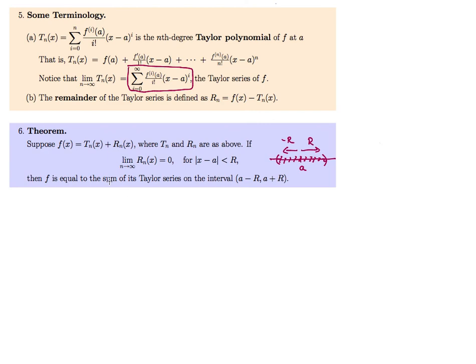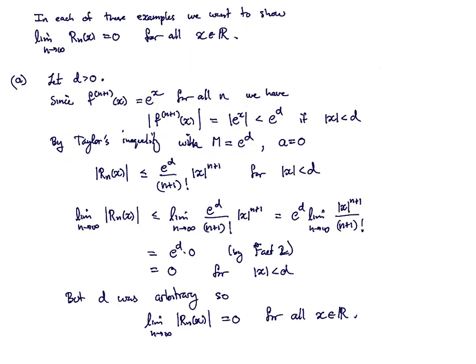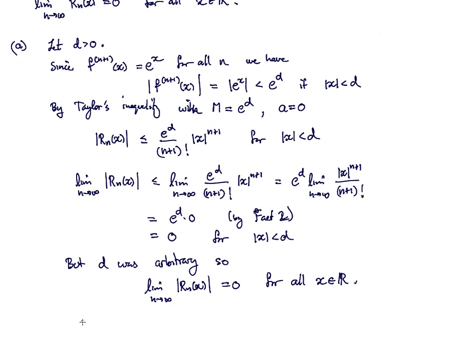What we've got here is that we're trying to write the function as the nth degree polynomial plus a remainder. If we can show that the remainder goes to 0 for x in an interval, in this case our interval is going to be all real numbers, then we have that f is equal to its Taylor series. And so that's what we were able to conclude here. So therefore, e to the x is actually equal to its Taylor series, the sum of x to the n over n factorial, n goes from 0 to infinity, for all x in R.